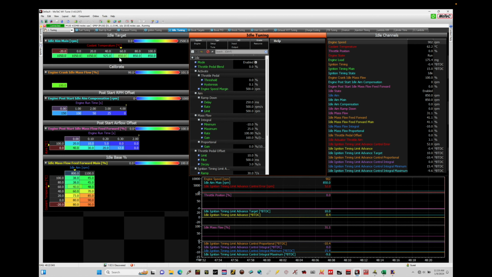Our fast path would be spark timing. The reason why it has the name slow or fast path is because, specifically with slow path, airflow based control, moving the airflow will have a slower effect or result on the engine's torque output. So if we move around how much airflow is coming into the engine within the idle control routine, it's going to have an effect on the idle, but it's not going to have as quick of an effect.